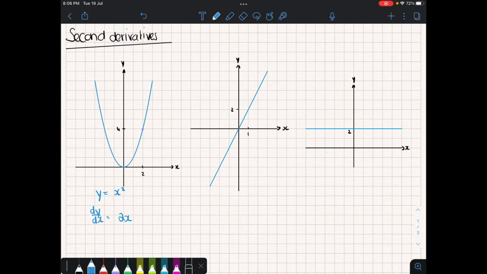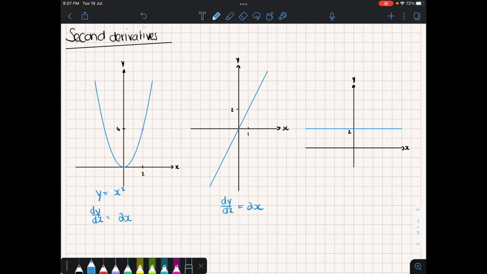So dy on dx is a function that describes the gradient. And so what I have is I've graphed it over here as dy on dx equal to 2x. It's a function just like y equal to x squared. Now I have a function dy on dx equal to 2x. It's a function that describes the gradient.